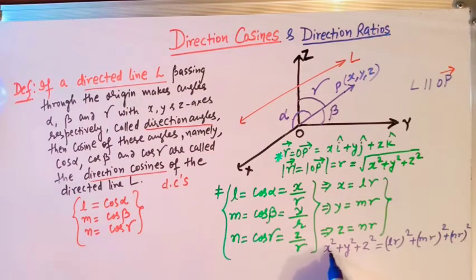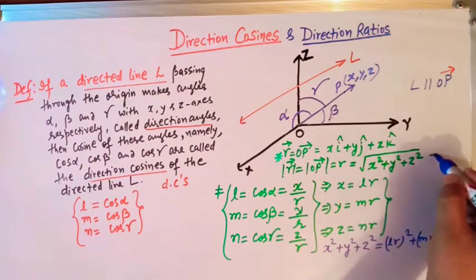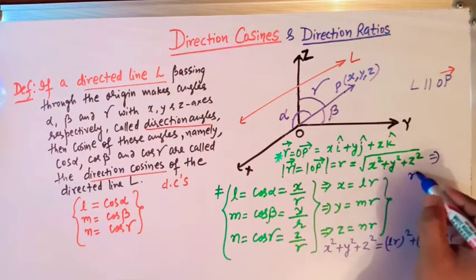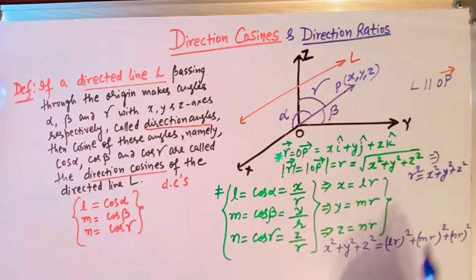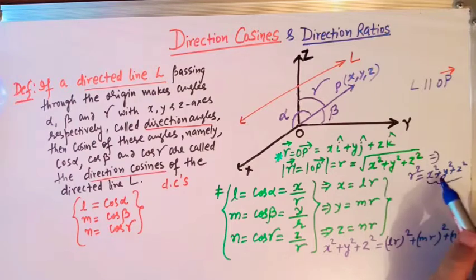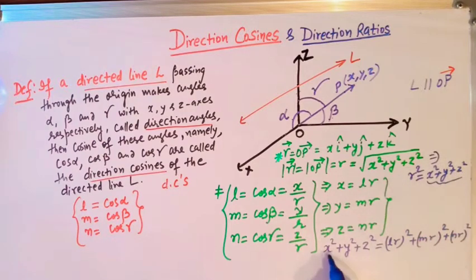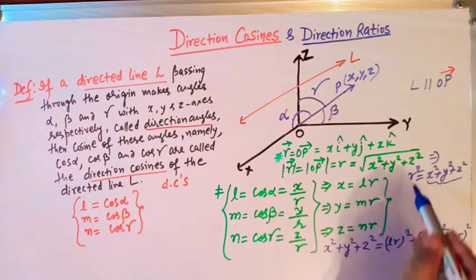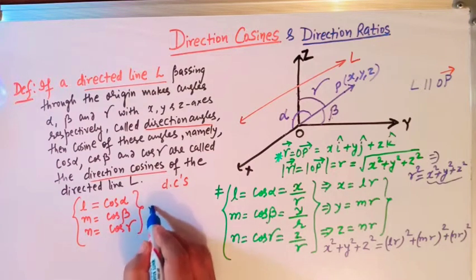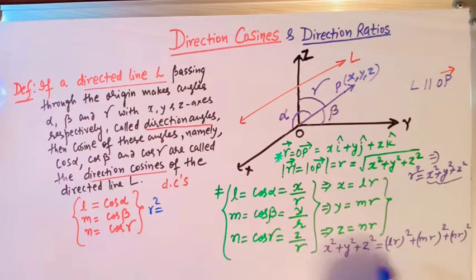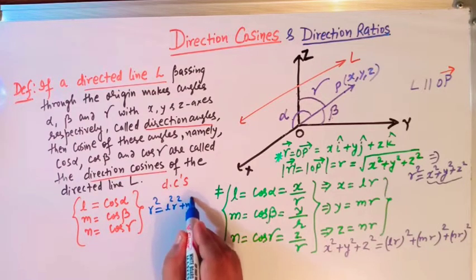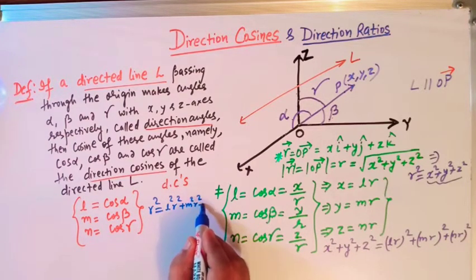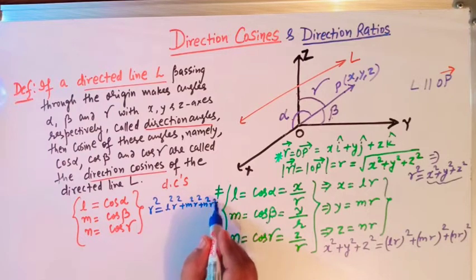Okay. Now from here we see that r square is equal to x square plus y square plus z square. Now this x square plus y square plus z square can be replaced by r square here. So r square is equal to l square r square plus m square r square plus n square r square.